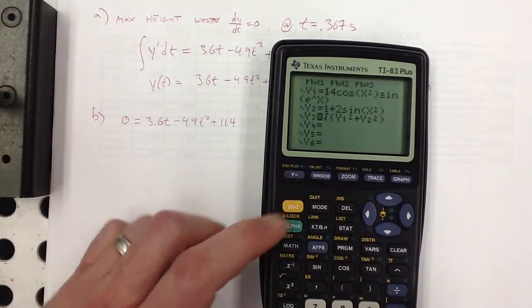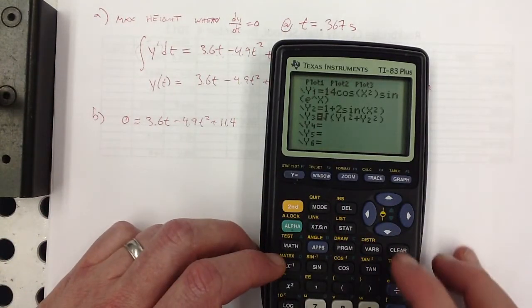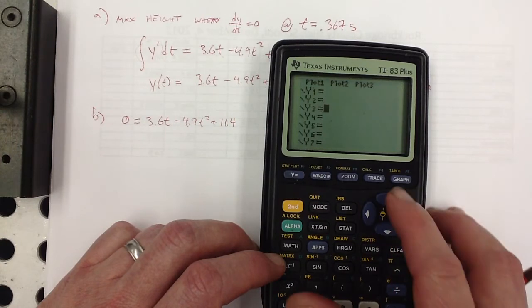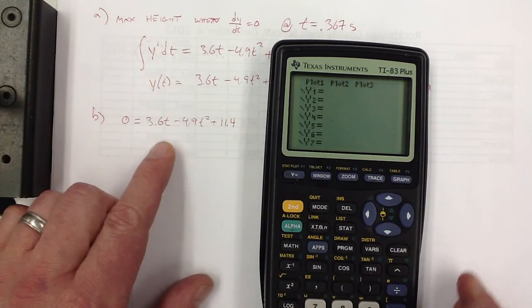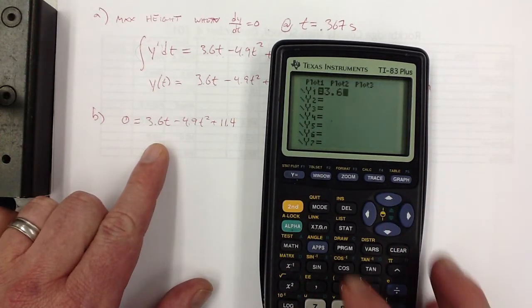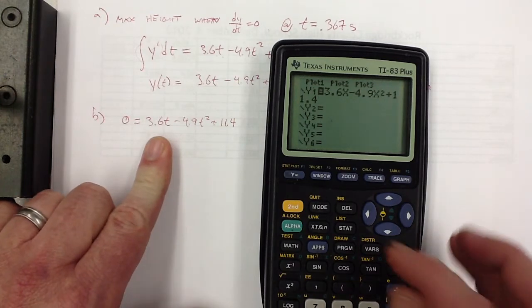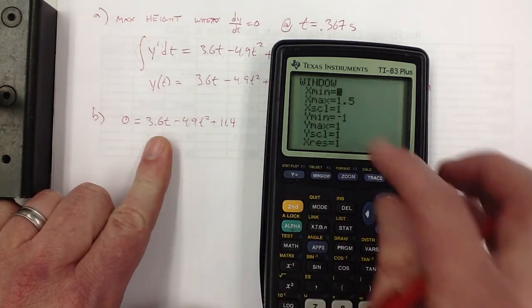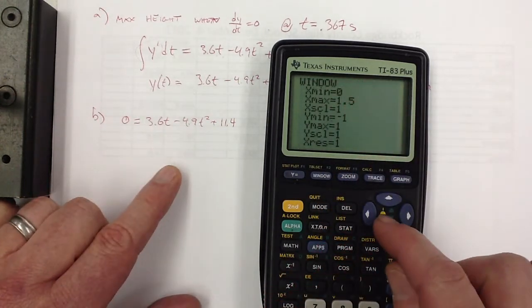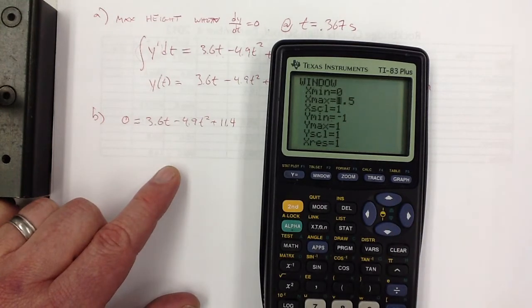So I'm going to go to y equals, and graph this, 3.6 minus 2, and then we're interested in when that crosses the x-axis, or the time axis really, and how long do you think it's going to take?